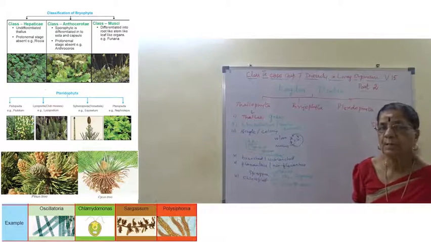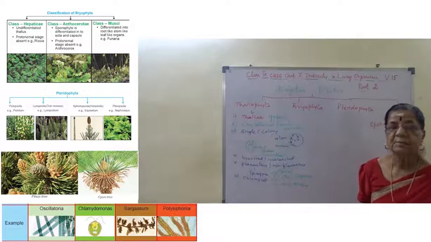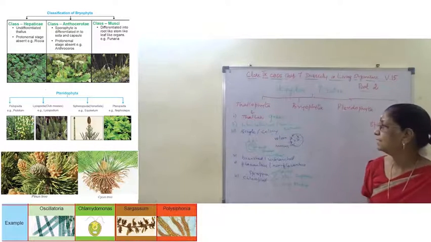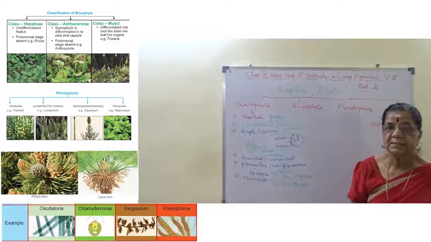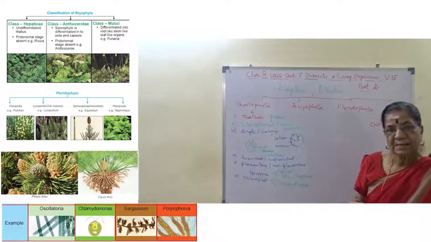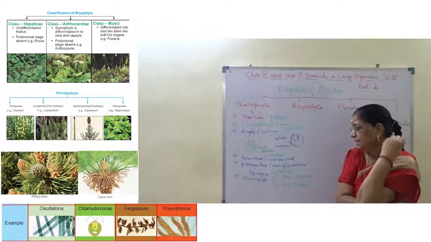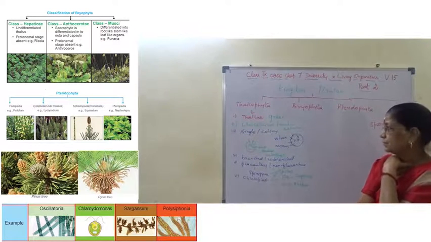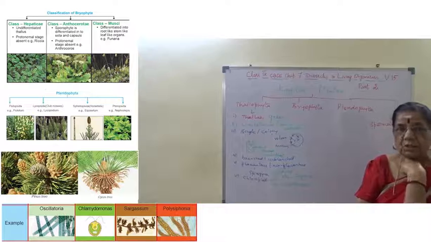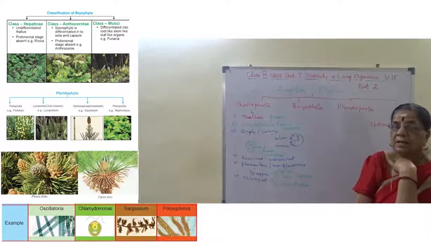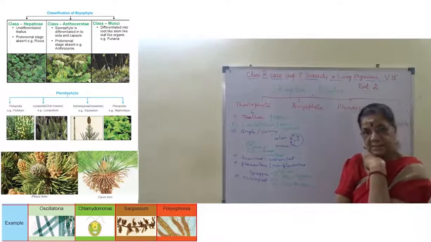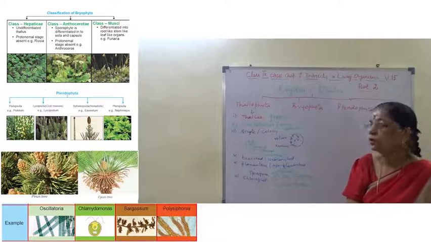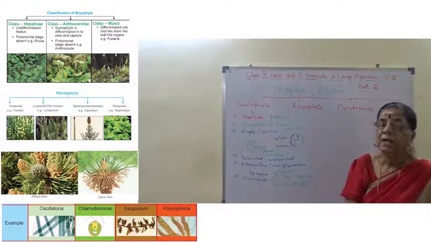Phyta refers to plants. Thallus is the plant body with absence of root, stem and leaf. Instead, it is represented by a flat, cylindrical or filamentous structure called thallus. It may be unicellular or multicellular, occurring singly, example Chlamydomonas, or as a colony.